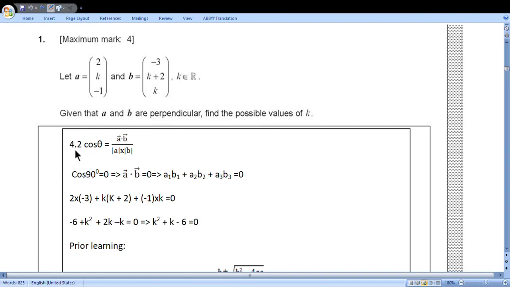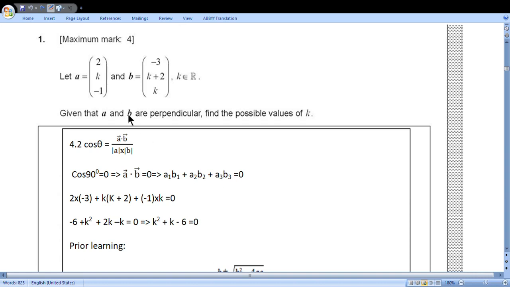From the booklet we have the formula for cosine theta between these vectors. Because they are perpendicular, cosine of 90 is 0, so their scalar product, which is above, is 0. The formula for the scalar product is written here, also from the booklet.